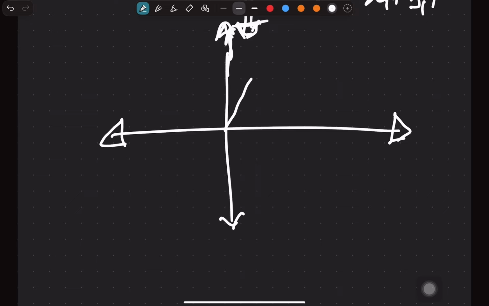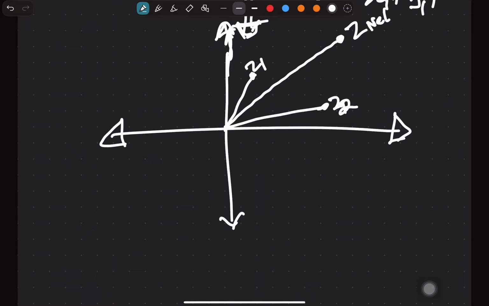So let me call this z1 and that z2. If I add these two things, I'm expecting something like this with a bigger resultant, with a bigger magnitude. So let's call it z net.